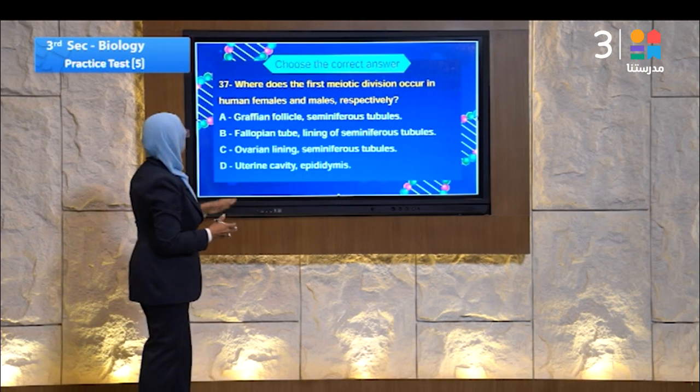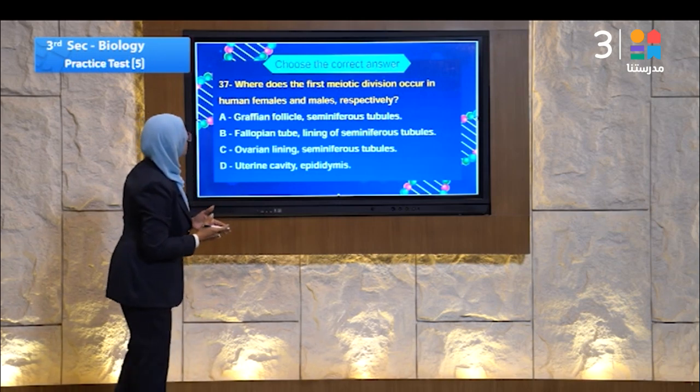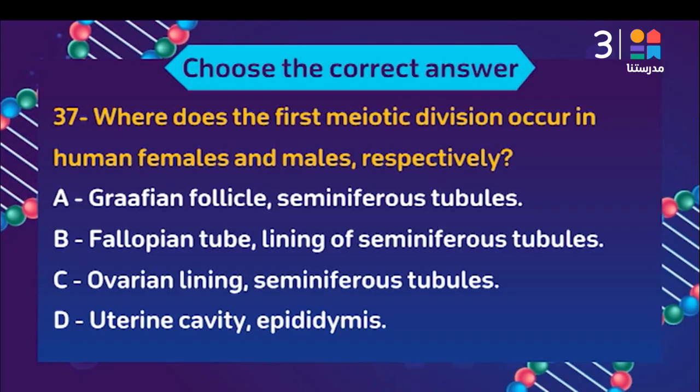Let's go to question number 37. Where does the first meiotic division occur in human females and males respectively? A, Graafian follicles, seminiferous tubules. B, fallopian tube lining, seminiferous tubules.